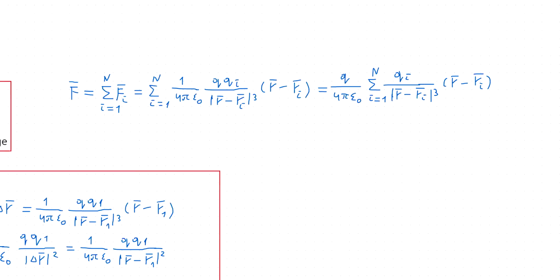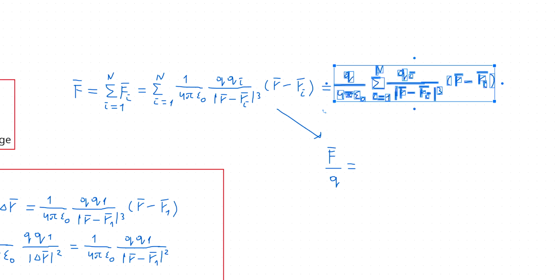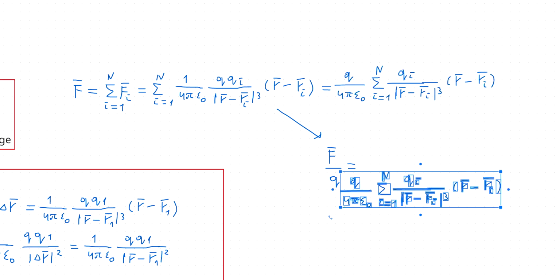And as you can see, we can divide left and right sides of this equation by Q, by charge Q, and we will obtain F divided by Q is equal to this.